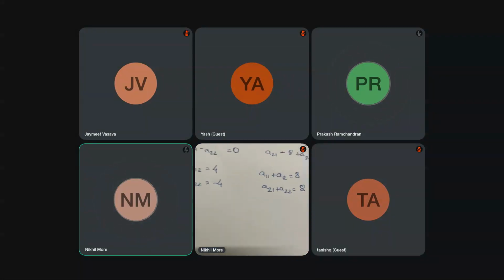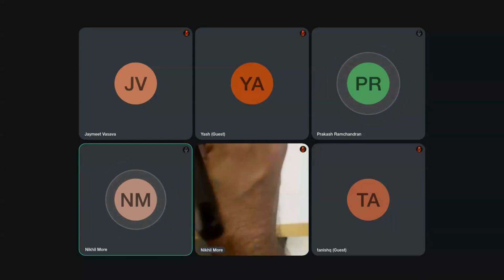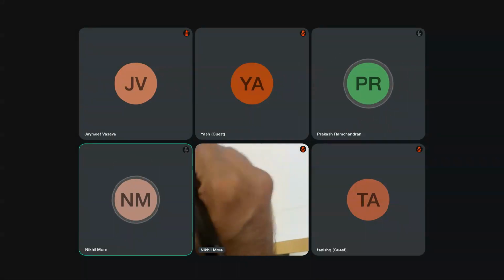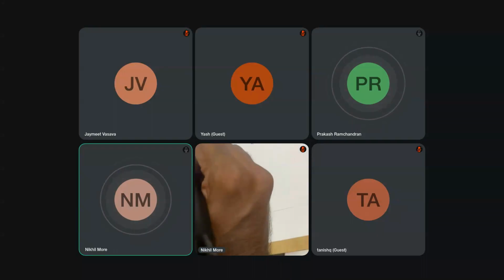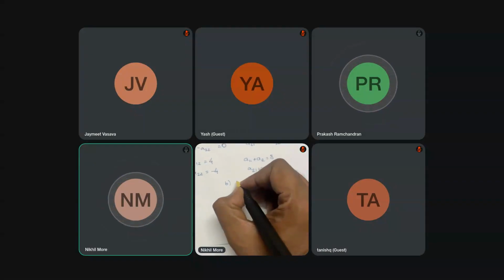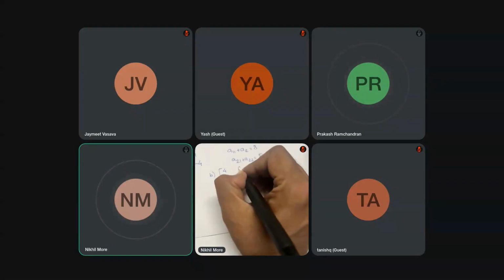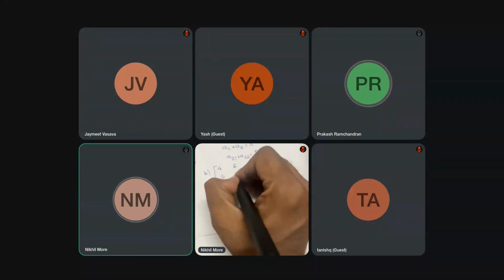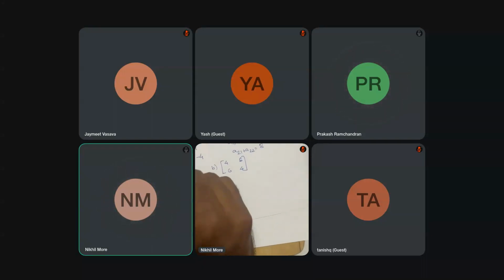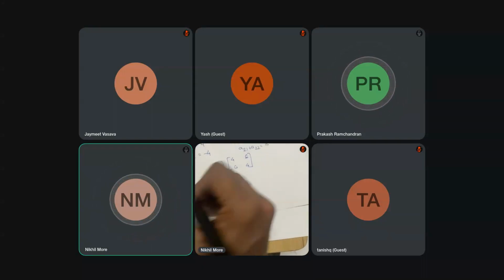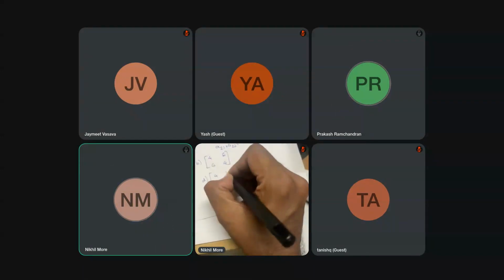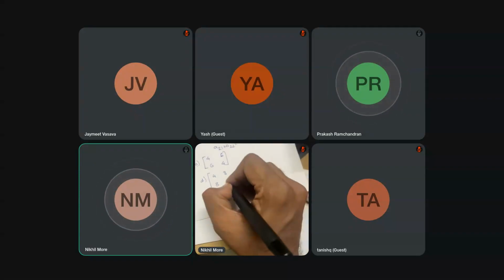The options they have given are: option A is 6 2 2 6, option B is 4 6 6 4, option C is 2 4 4 2, and option D is 4 8 8 4.